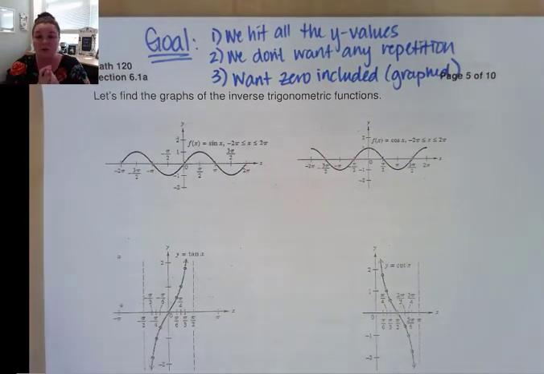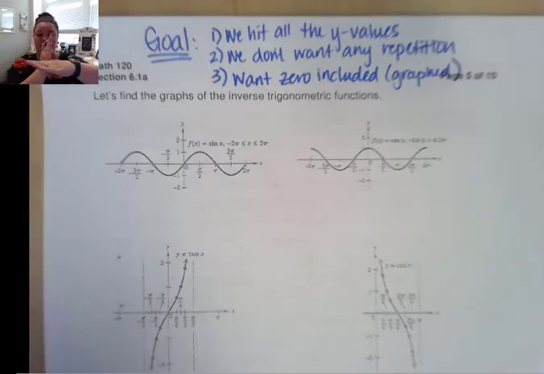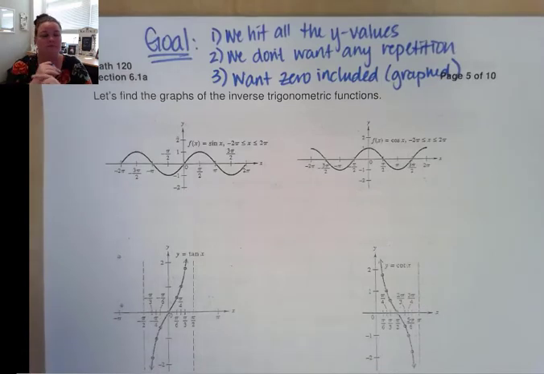The reason that we really want our function to include 0, or that area on our graph where 0 is, is because if we're going to take our y-axis and rotate it so that we can flip it and find the inverse, it's nice to have that reference point of where our x and y axis cross, so that whenever we invert it, it's really easy to see our inverse function.